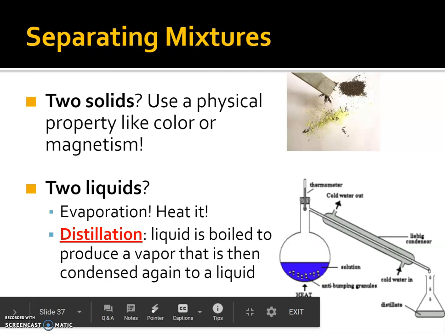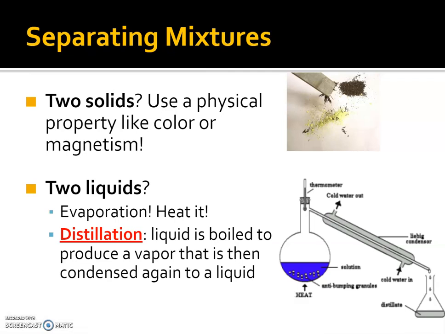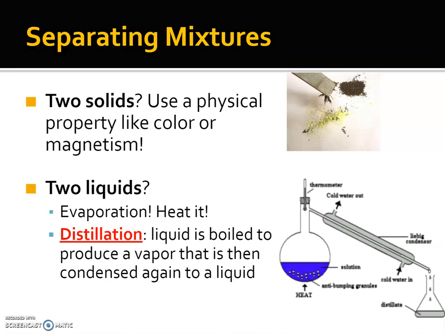So if these are mixtures and we blend things together to get them, how do we go back and unmix them? Well, you have to use their physical properties. Okay, so it depends on the substance. It depends on the mixture.